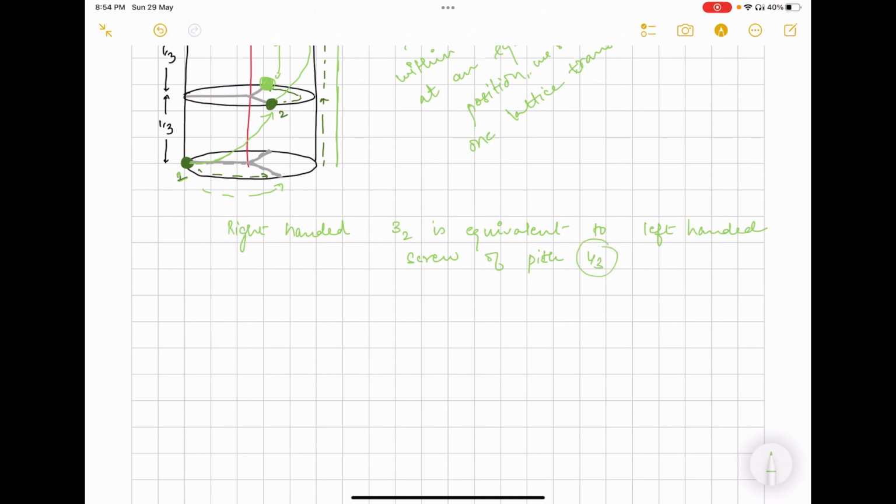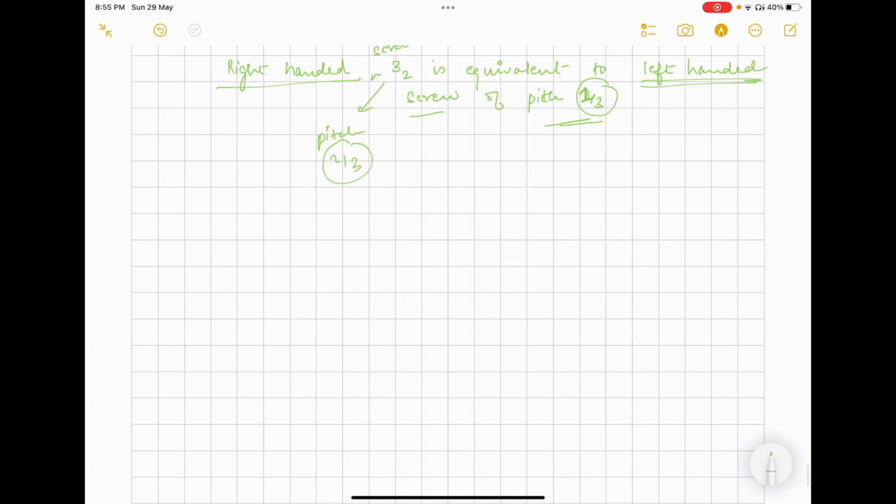Okay, so a right-handed 3, 2 screw of pitch 2 by 3 is equivalent to a left-handed screw of pitch 1 by 3. Okay, and they are kind of mirror images as well.